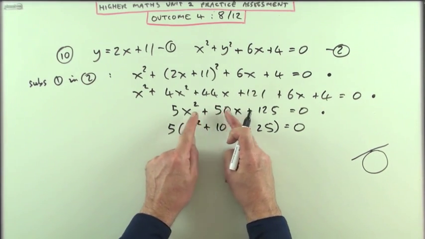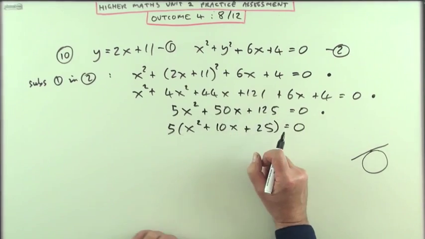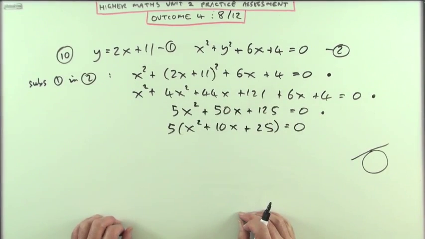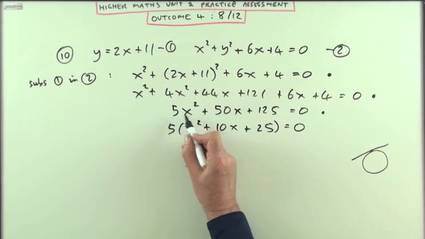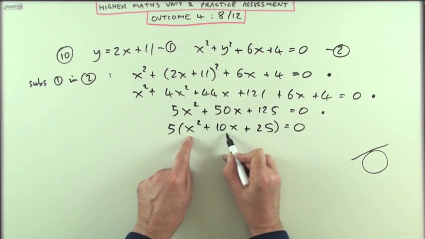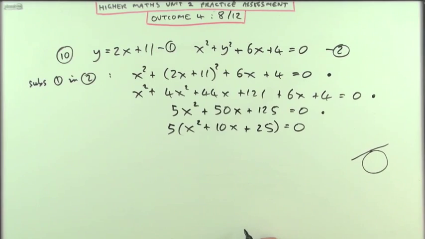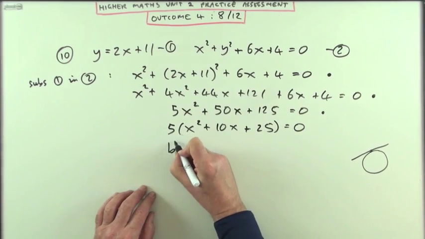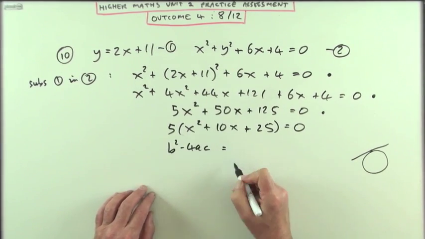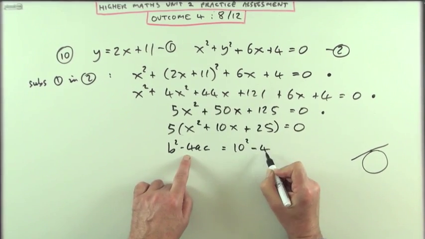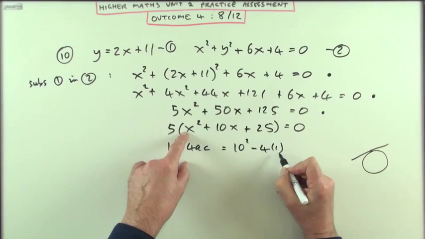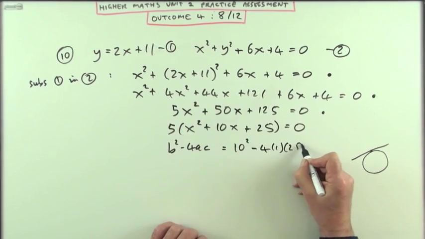Now you can use the discriminant with those 3 coefficients, but 5 is going to be a common factor throughout it all. Or you can use the discriminant just in this part. You're probably better off taking out the common factor, so you just use these numbers. If I work out b squared minus 4ac, b is the coefficient of x, so that'll be 10 squared, minus 4 times a, which is just 1, and c is 25.